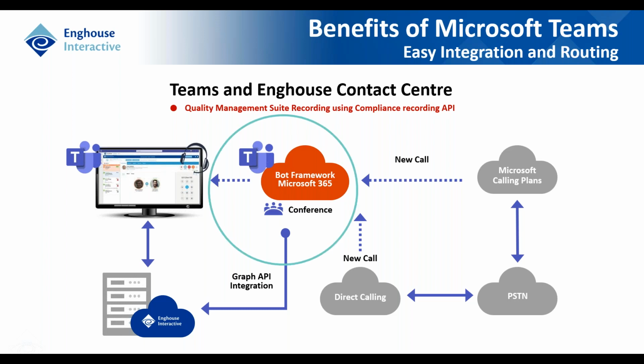For announcements, the bot framework does all the playing, DTMF, and recording of prompts, so there are no announce ports in the traditional sense. The announce port business logic is embedded into the Enghouse Teams PBX hosted in Azure. This implementation supports all of our traditional PBX features: enhanced routing, contact server integration, and QMS native recording.